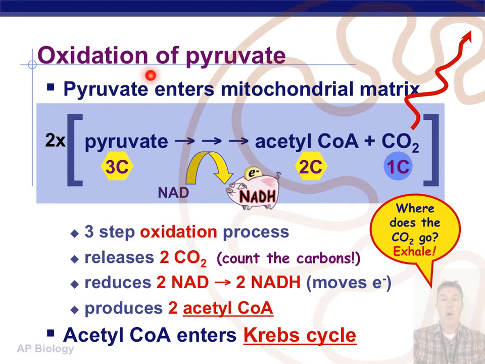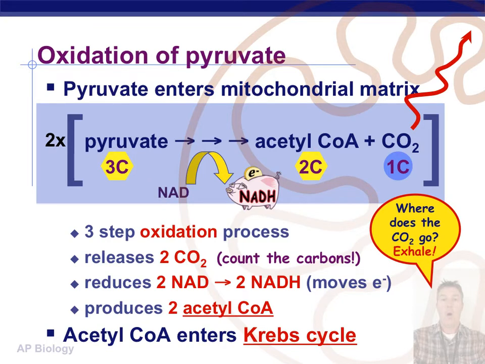So the second step is the oxidation of pyruvate. Pyruvate is going to enter the mitochondrial matrix. It's going to come into the mitochondrion itself. And also remember that this is happening twice. Why? Because there were two 3-carbon molecules that were the product of glycolysis. So they're going to be oxidized along the way.